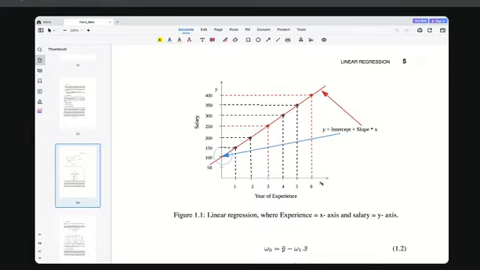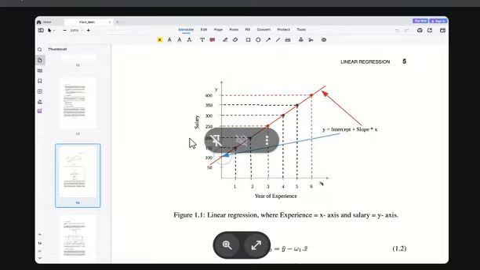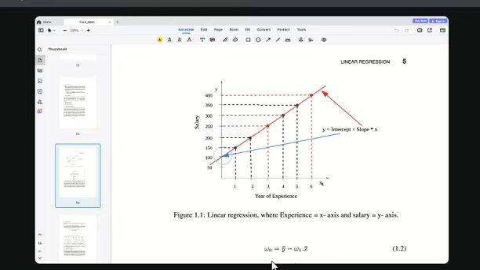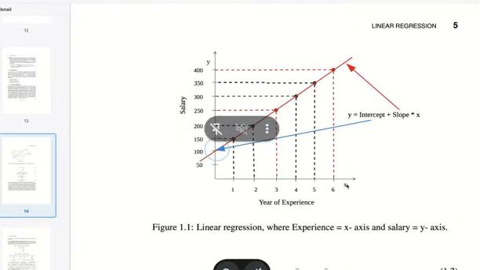The x-axis shows the number of years of experience and the y-axis shows the corresponding salary. If you have 2 or 5 years of experience, then what will be your salary? That is basically the y-axis.